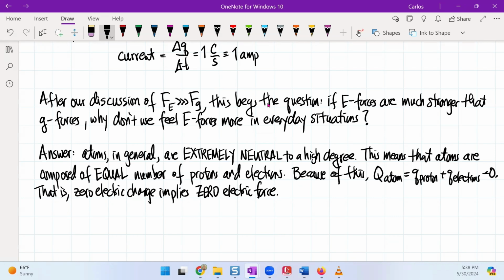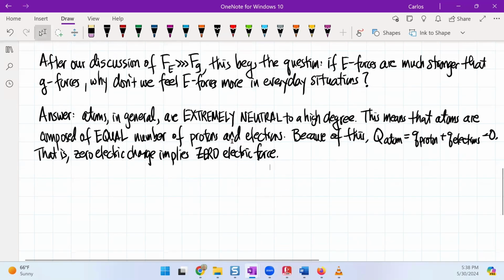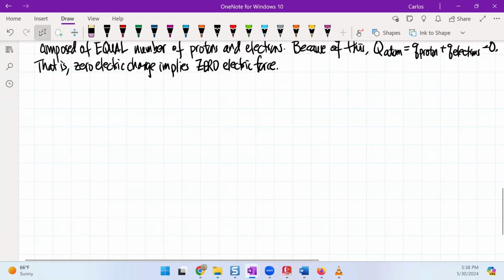You'll hear some responses that a simple answer would be that because of the largeness of the attractive electric force between the positive nucleus charge and electrons, they're not easy to remove. So what I'm going to do is give you a more detailed answer that's at a higher level, but it will make more sense, hopefully.